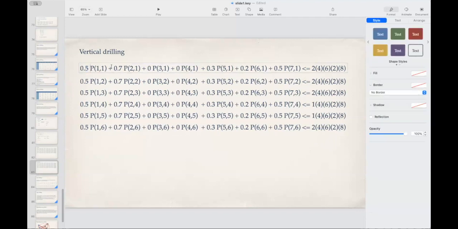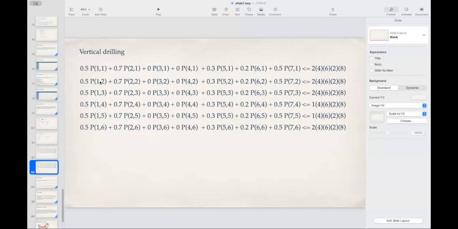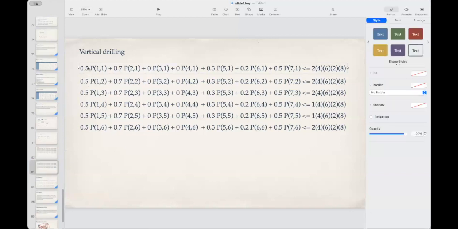Then we have to look at the contribution of grinding. Oh no, vertical drilling: 0.1, 0.2. No, and 0.3, 0.6, 0.1, 0.1236. Okay. 0.1, 0.2, 0 and 0, right? No?